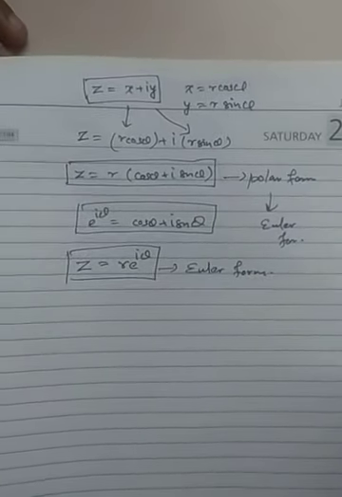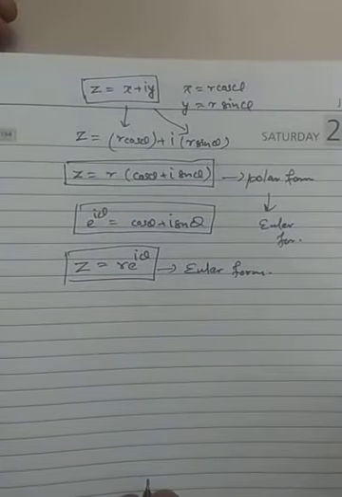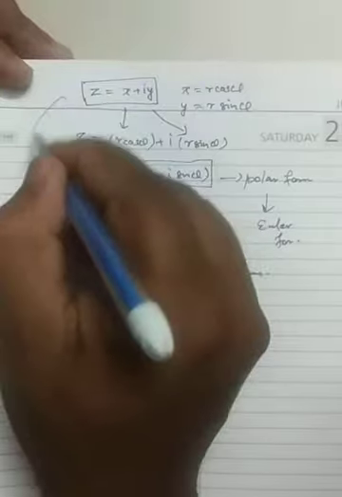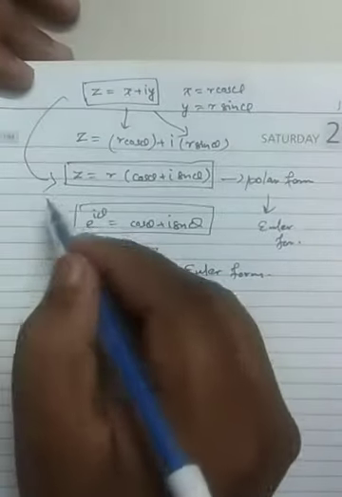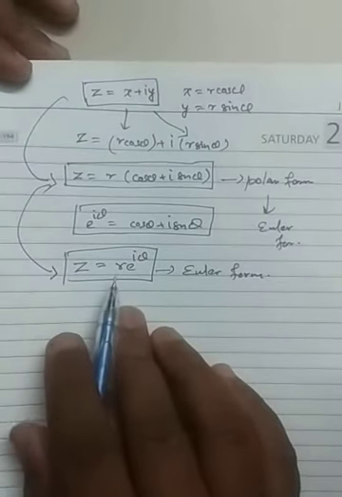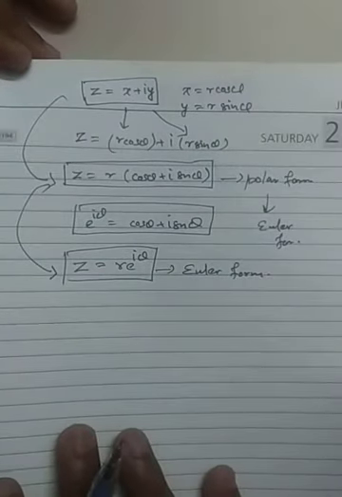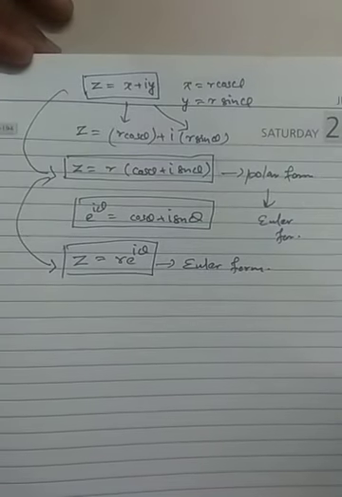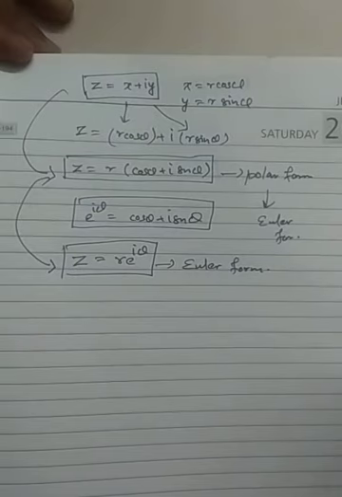Are you getting? So in this way we have to get the value of z. This is the form how z equal to x plus iy will change to a polar form. Then polar form how it changed to a Euler form. Writing in terms of exponential, e is nothing but here exponential. So if you write z in terms of e, that we will call as Euler form you can say here.